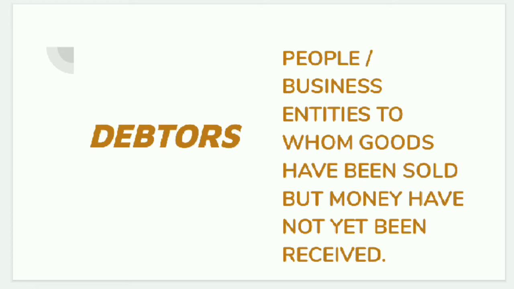Debtors can be a human being or a business entity to whom goods have been sold on credit. That means KFC sold you the finished products, but you will pay them later on. The customer becomes a debtor for KFC. Clear?